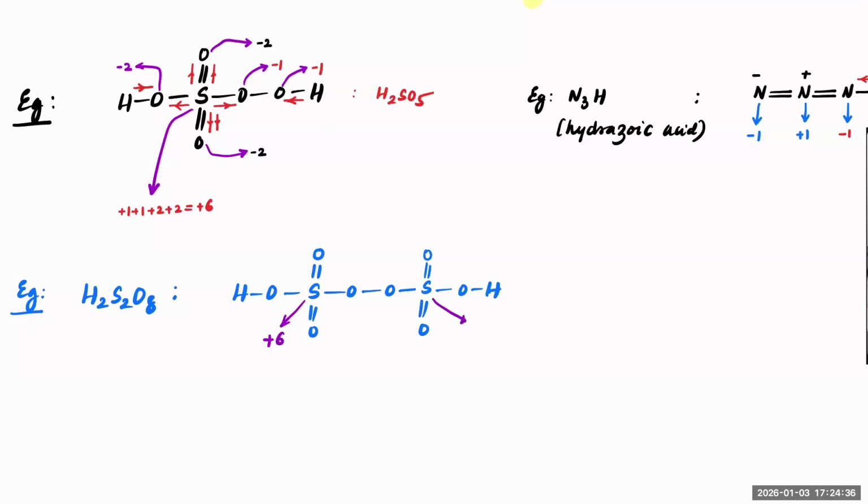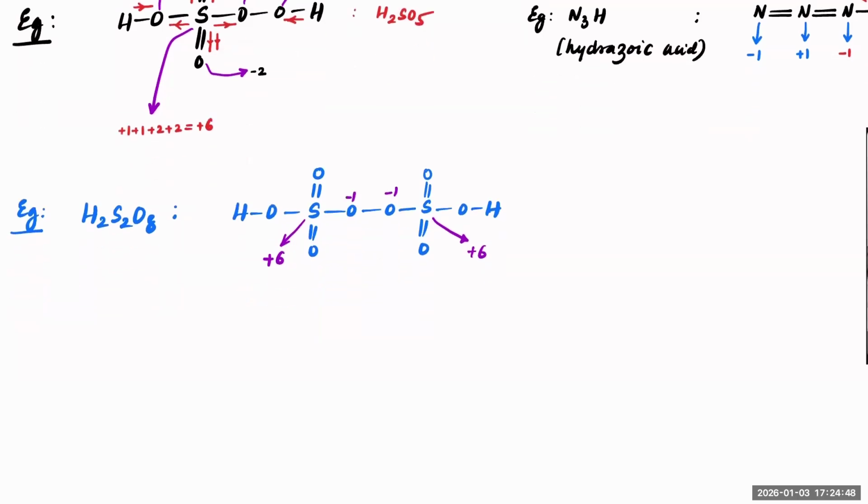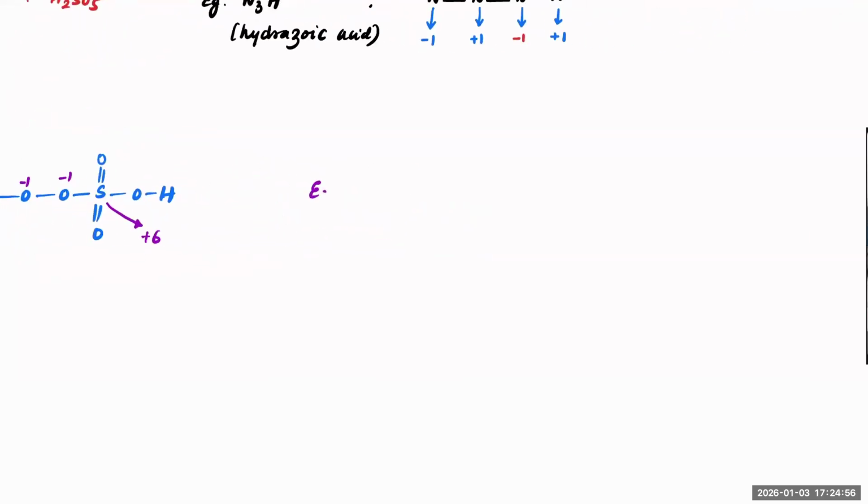Here there is huge loss of electrons. The central ones will remain peroxide, rest will remain minus 2. Correct? So that is the reason why these sulfurs have plus 6 and plus 6. And one peroxy linkage is observed.